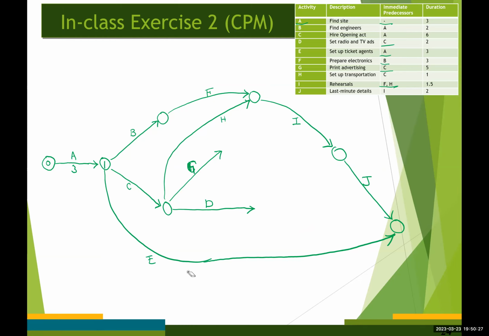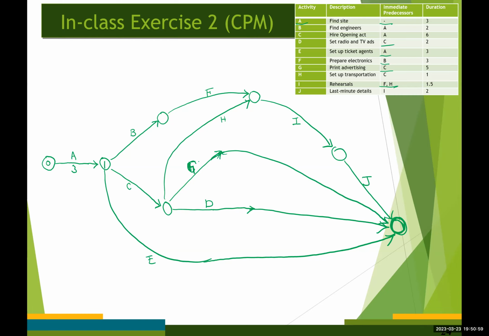And then both activities, G and D, have to go all the way down here. So it's going to go here and here as well.